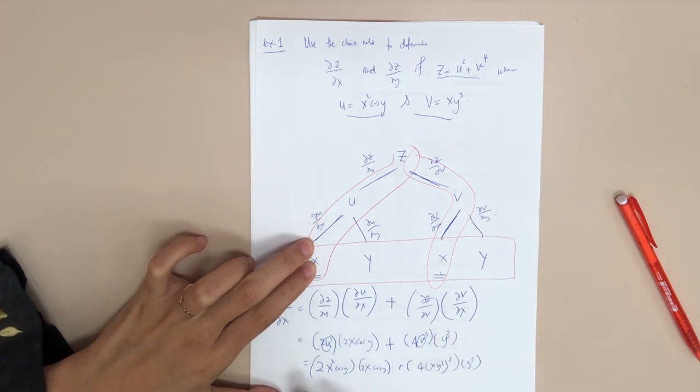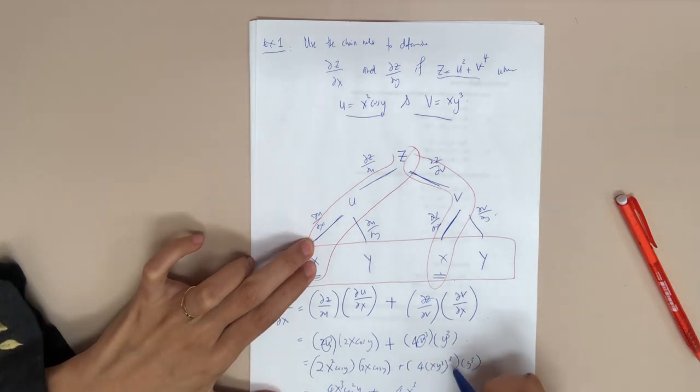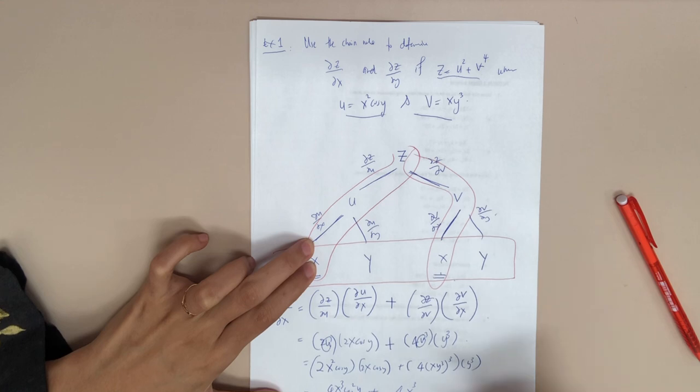Then you simplify. So we have 4x cubed cos squared y plus 4x cubed, and this 3 to the power 3 will be 9. So 9, 3 to the power of 3 is 9.